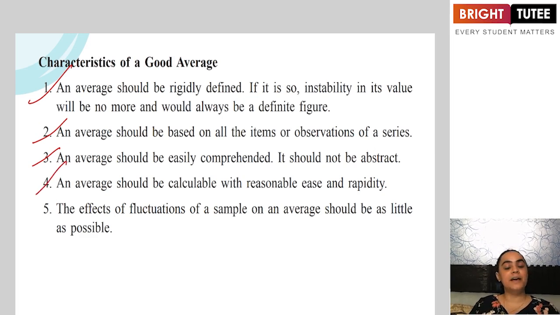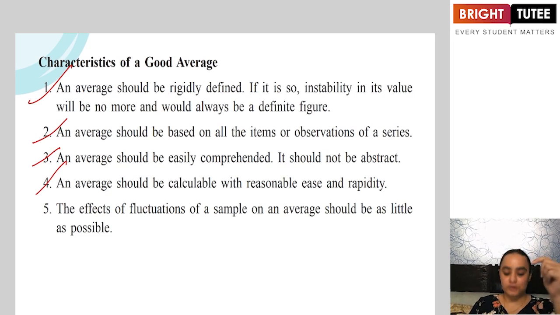Also, the effects of fluctuations of the sample should affect the average as little as possible. Let's say if from a group of 100, I include 3 or 4 more students in the class, my average would certainly fluctuate because now their marks have been added and the number of observations has increased.